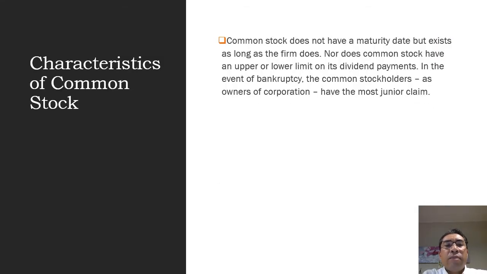Another important characteristic of common stock is that it does not have a maturity date, so to say it will exist as long as the firm does. Number two, there's also no upper or lower limit on its dividend payment.